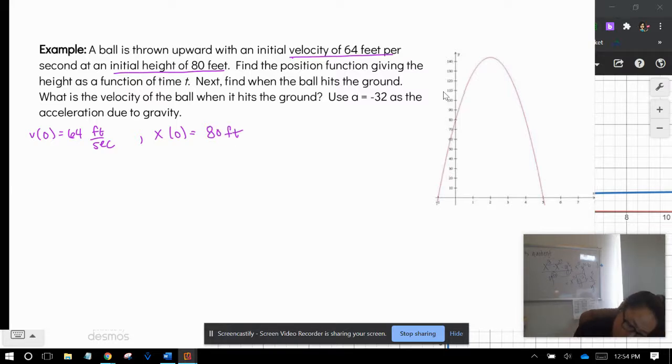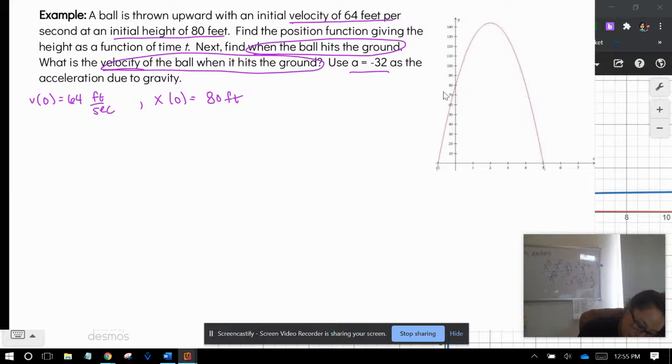And what I want to find out is when the ball hits the ground and what is the velocity of the ball when it hits the ground. It also says that a of t is equal to negative 32 feet per second squared.